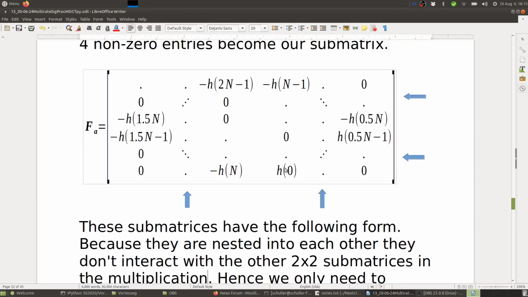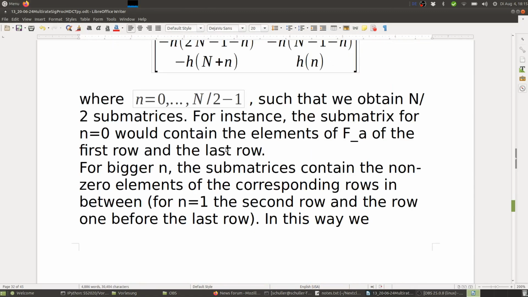So here n equals 0 gives us this: first and last row, and then in between columns. And here for n equals N over 2 minus 1, we get those four. Right. So for bigger n, the submatrices contain the non-zero elements of the corresponding rows in between. So for n equals 1, the second row and the row 1 before the last row.